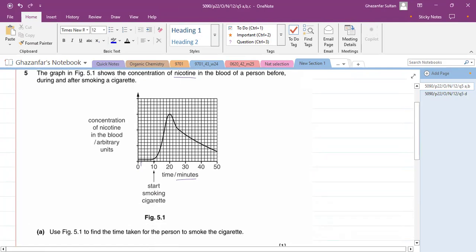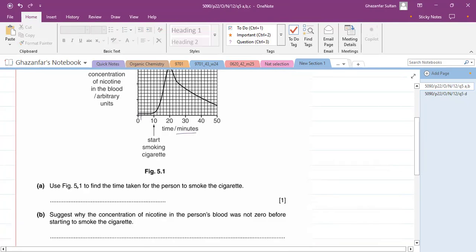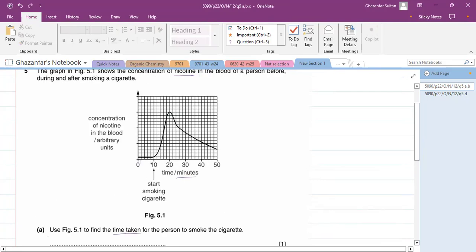So how can we find whether this is during the smoking or after the smoking? First, we see the question. Use figure 5.1 to find the time taken for the person to smoke the cigarette. Means you have to find out how much time he has taken to finish his cigarette.